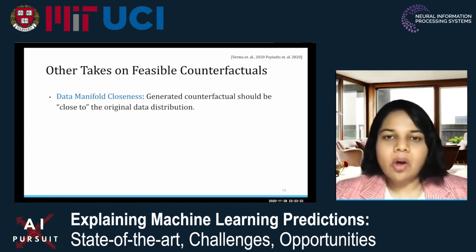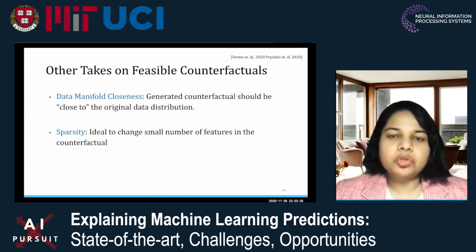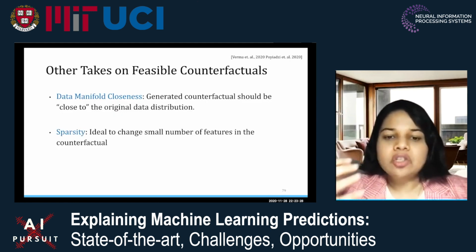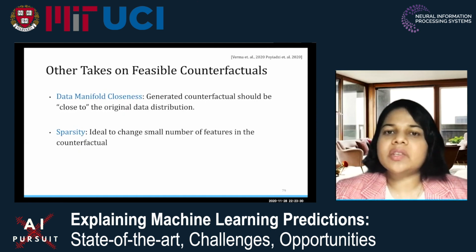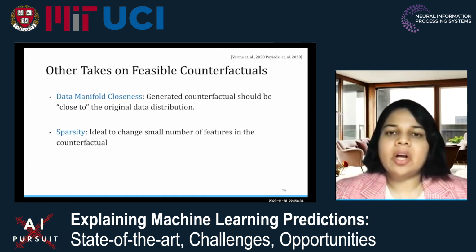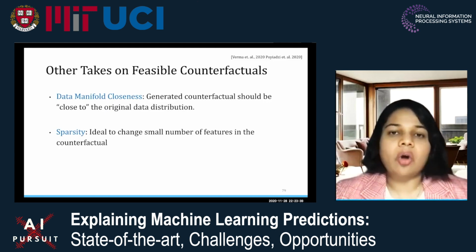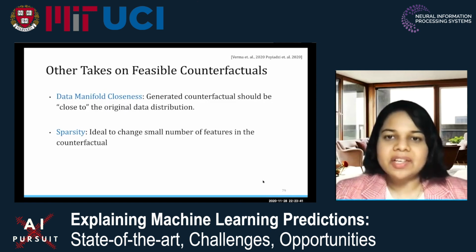And another take on what a feasible counterfactual should look like enforces the notion of sparsity by ensuring that we only change a small number of features in the counterfactual, because requiring a user to act upon a large number of features can often be extremely hard in practice.